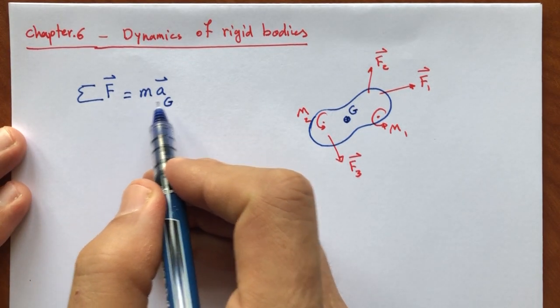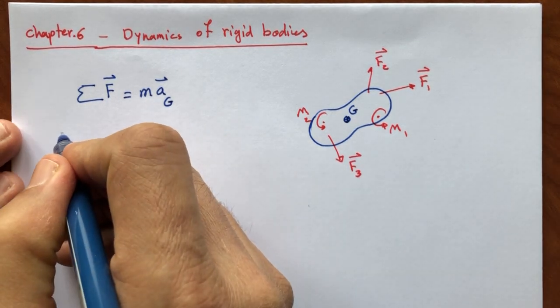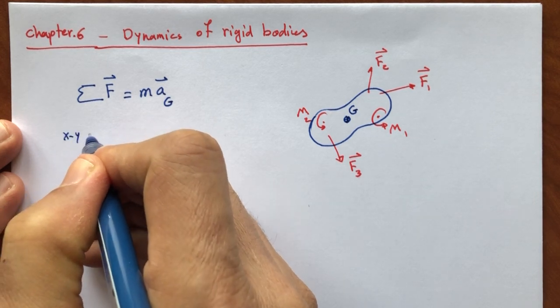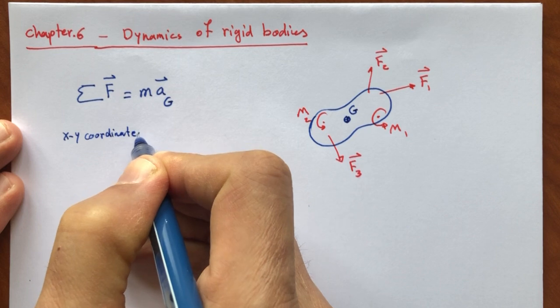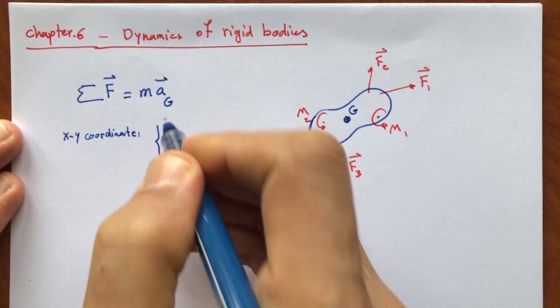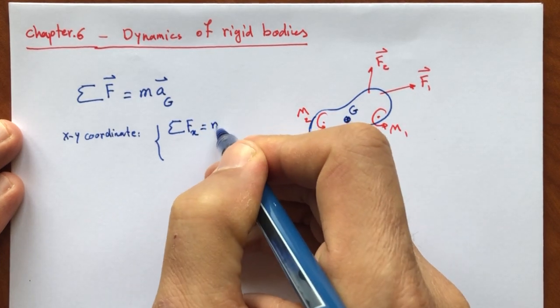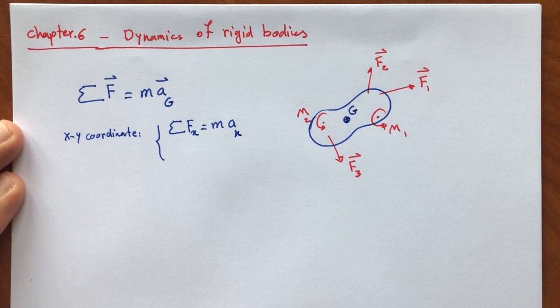And you can break down this equation in different directions. For example, if you are using xy plane or xy coordinates, you can split this equation to sum of the forces in the x direction is equal to mass times acceleration of the centroid in the x direction.